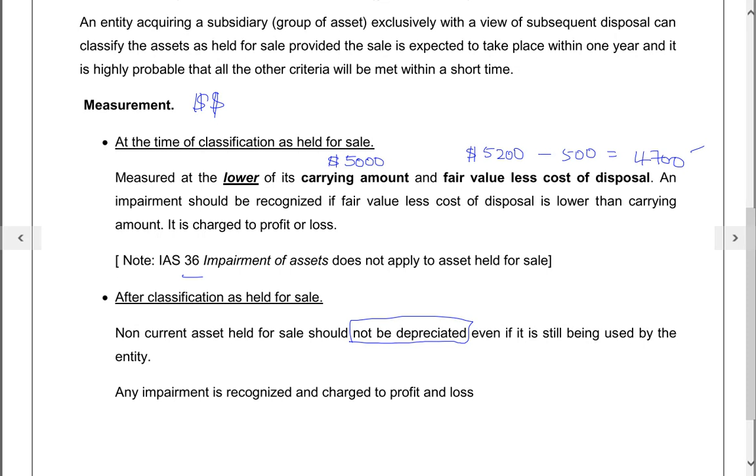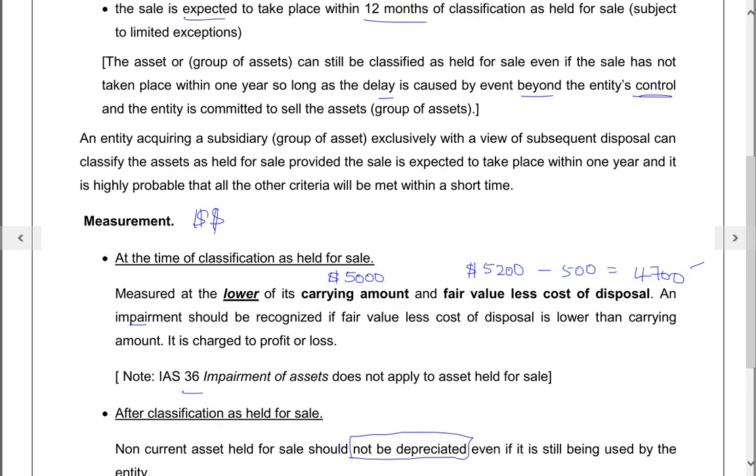But this impairment for IFRS 5 is when we meet the condition and transfer, we take whichever is lower. It's not an impairment based on IAS 36. It is an impairment whereby the value dropped, but it is based on IFRS 5.